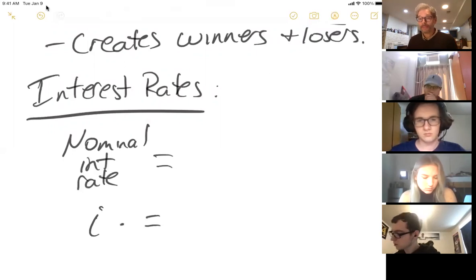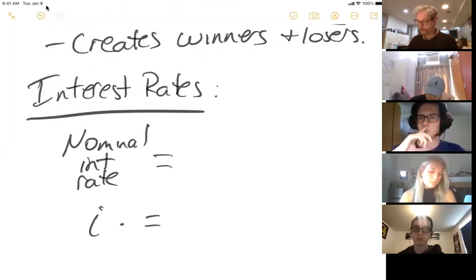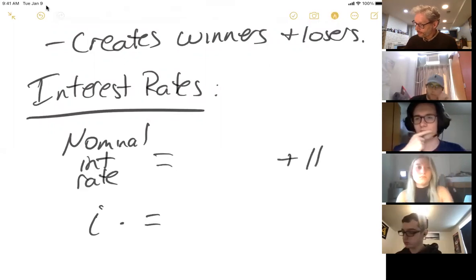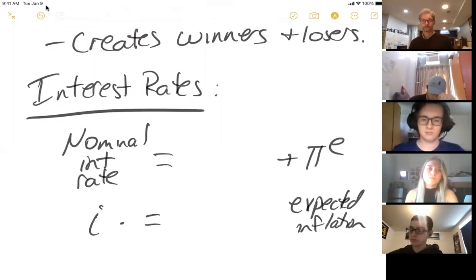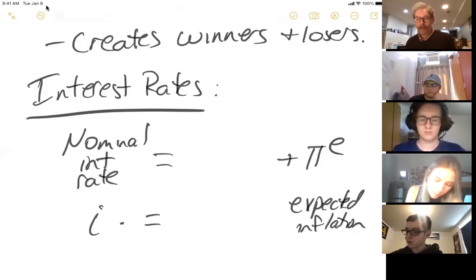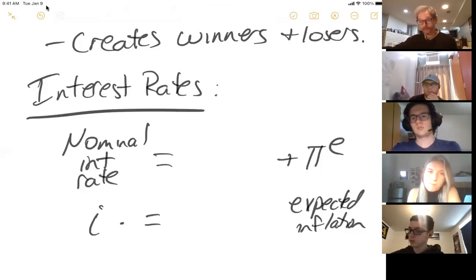Well, you can really think about that nominal interest rate as having two different components. The first is expected inflation. Would anybody in their right mind ever lend you money at less than the expected inflation rate? No. At the very least, they need to be able to get the expected inflation rate back, because that expected inflation rate is essentially eating away at the value of money over time.